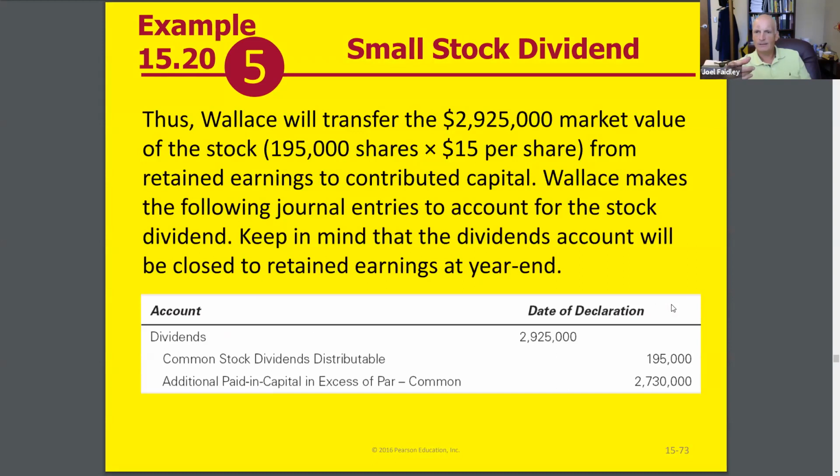Now, what's that? It sounds like a payable, but it's not a payable because we're not paying cash. We're distributing stock. So these are all equity accounts. Common stock dividend distributable, CSDD, 195,000 because that's at par. Everything else gets grouped into additional paid-in capital, common.